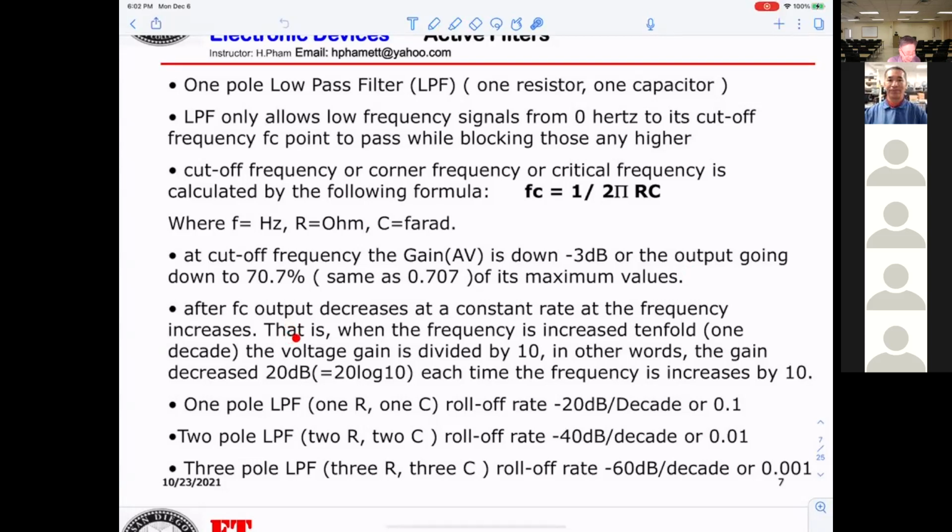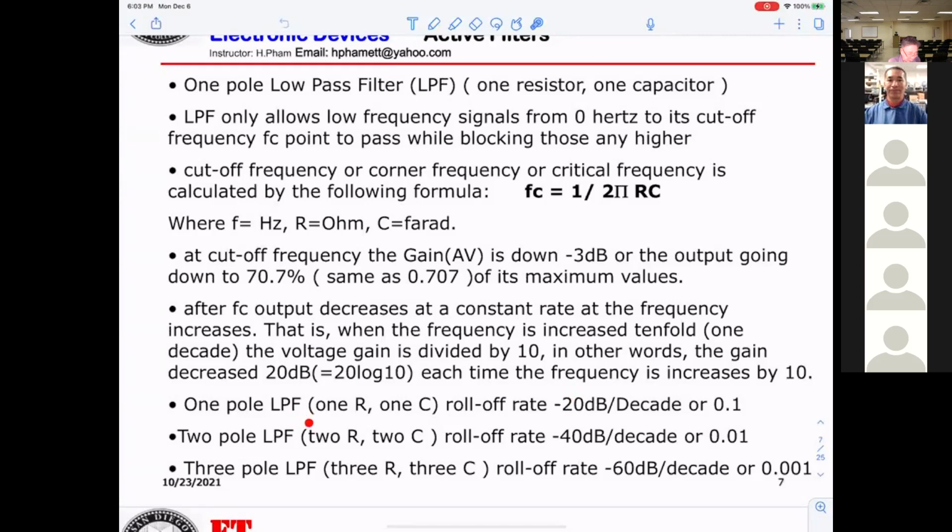After the cutoff frequency FC, the output decreases at a constant rate as the frequency increases. That is, when the frequency increases tenfold, 1 decade, the voltage gain is divided by 10. In other words, the gain decreases 20 dB each time the frequency increases by 10.